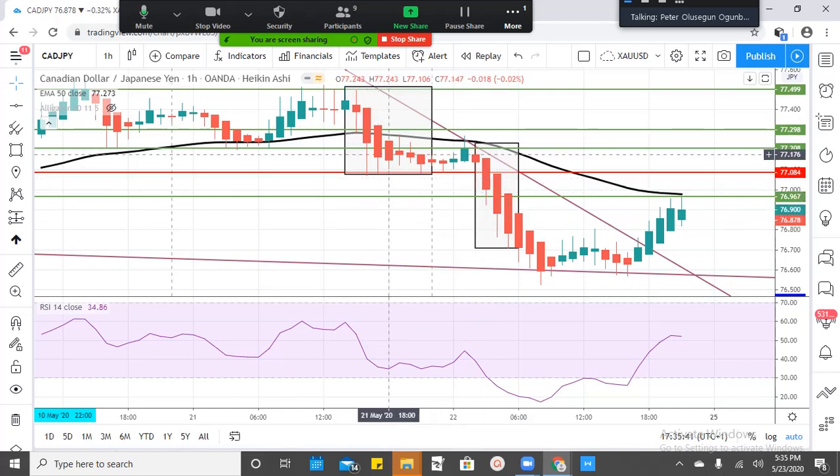After the 1 hour candle had confirmed, usually the movement is very sharp. Bam, it's going to move.